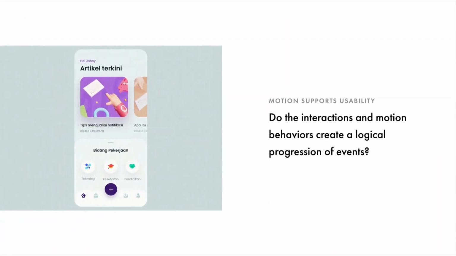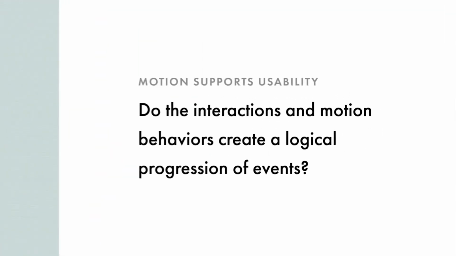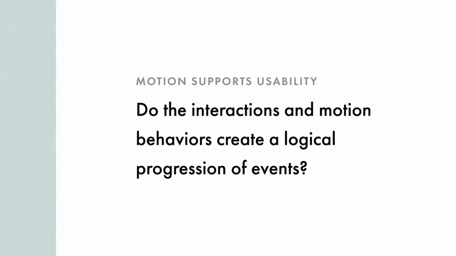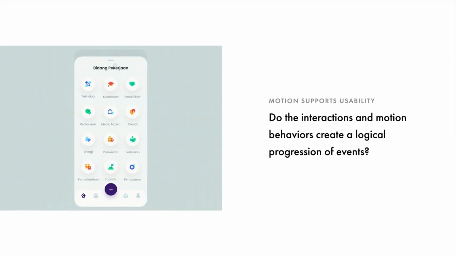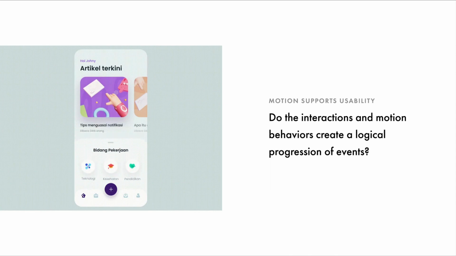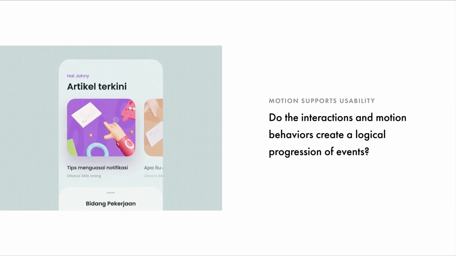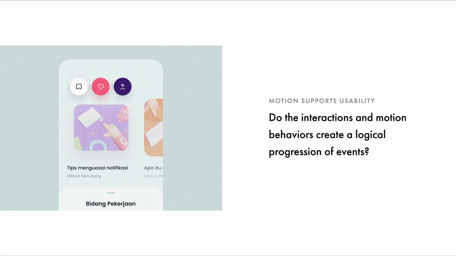Now, do the interactions and motion behaviors create a logical progression of events? When I read this back, I think our interactions and the motion behaviors they trigger tie to an actual progression of events that satisfies the user intent.